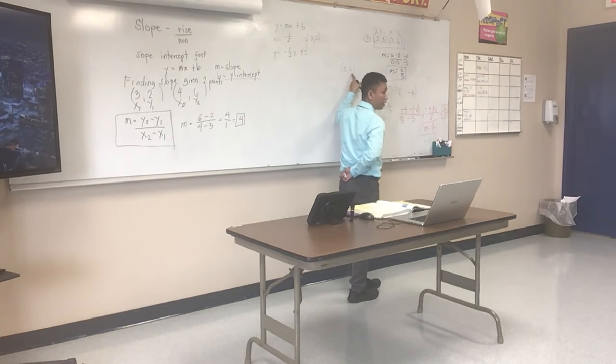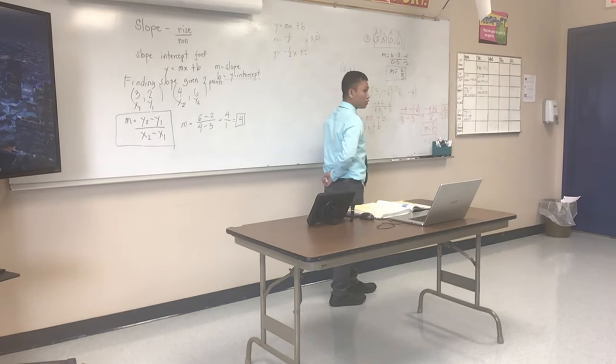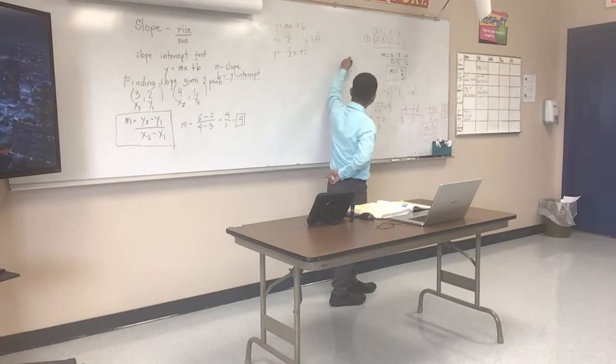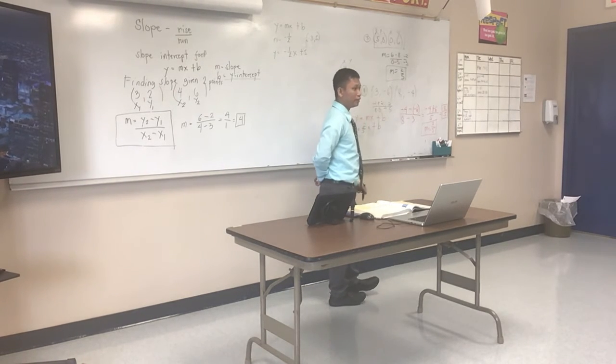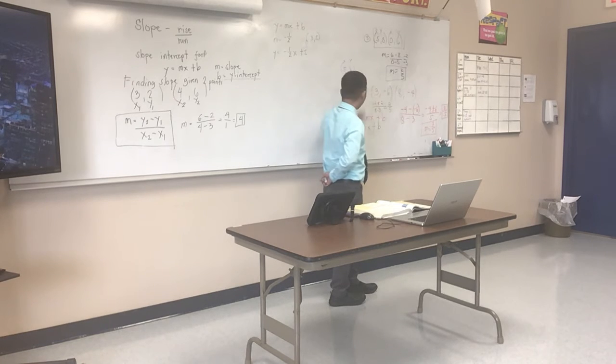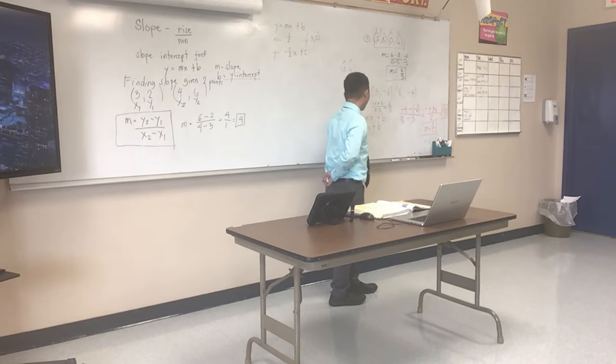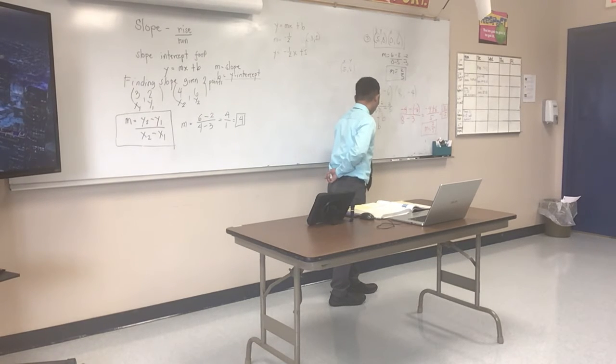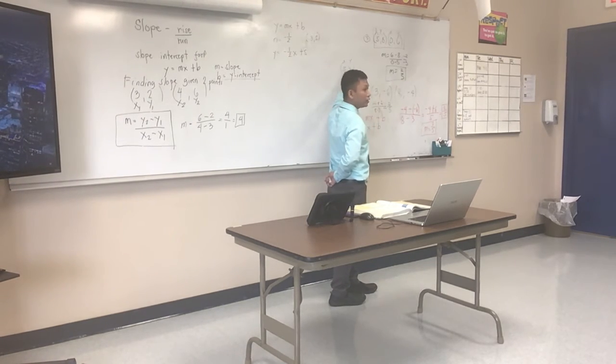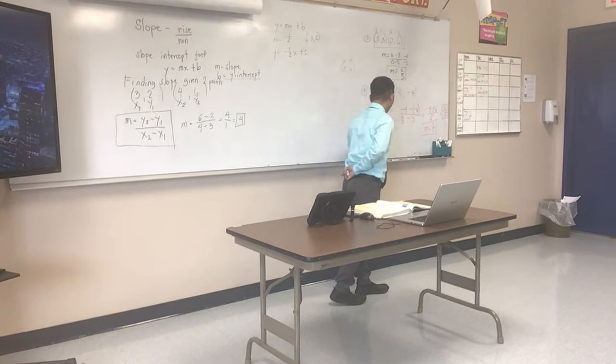We have (5, 8). So we just substitute here. What is our y? This would be 8, equals 2 over 5, what's our x? 5, plus b.